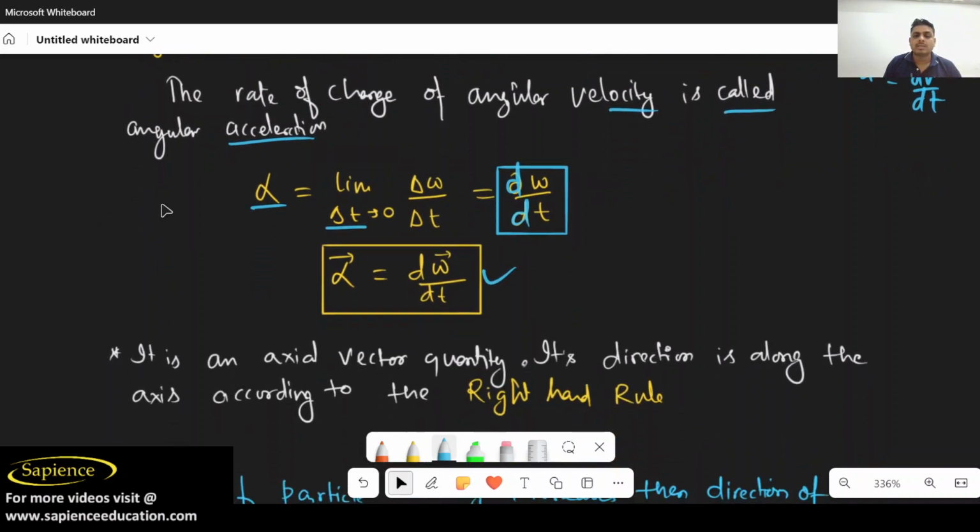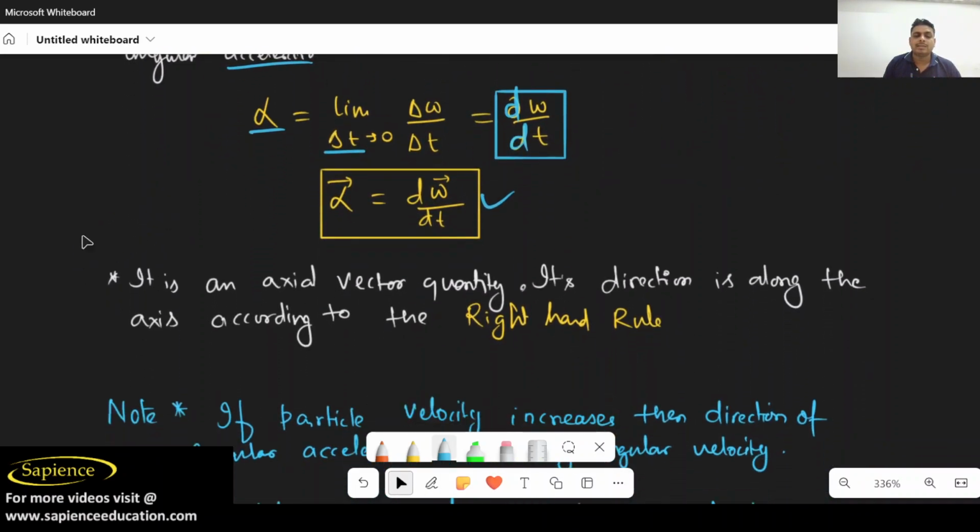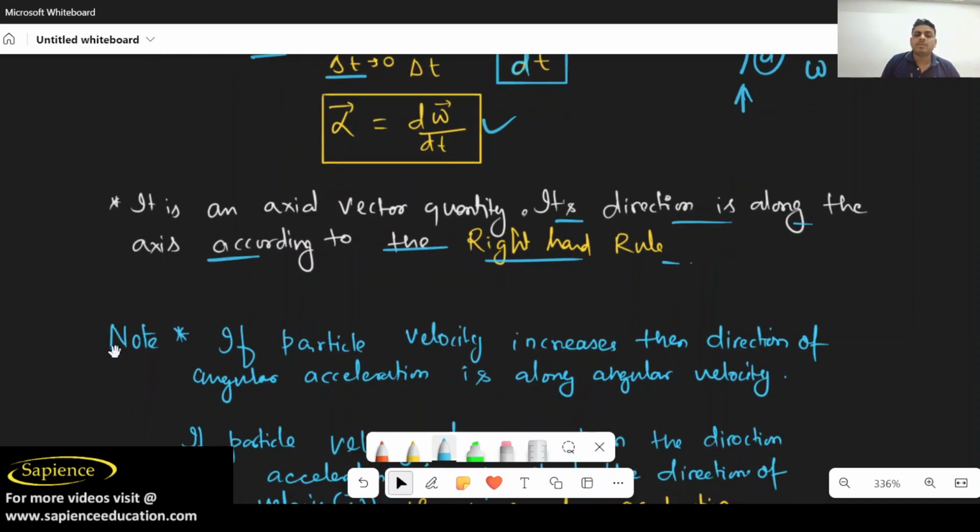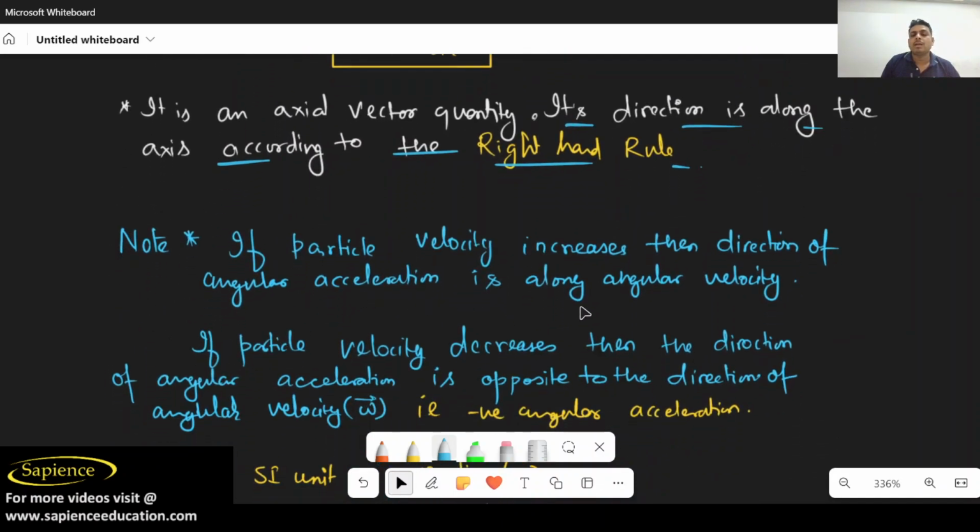Now let us discuss direction. It is an axial vector quantity, and its direction is along the axis according to the right hand thumb rule. Acceleration has the same direction; velocity as well as displacement is also in the upward direction. Now if a particle's velocity increases, then the direction of angular acceleration is along the angular velocity. This is very important. If the angular velocity is increasing, it means acceleration is positive.